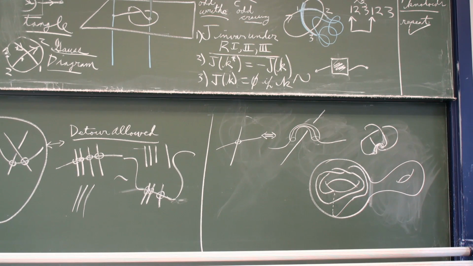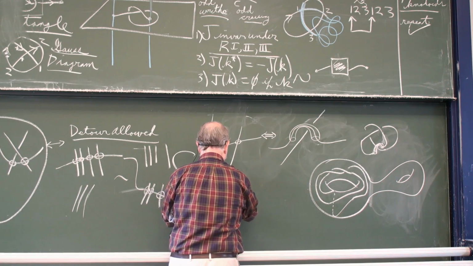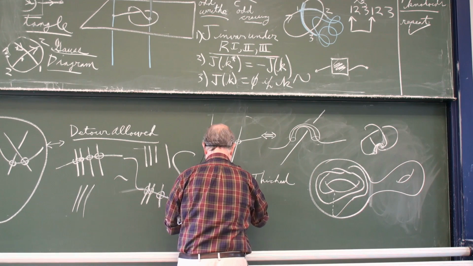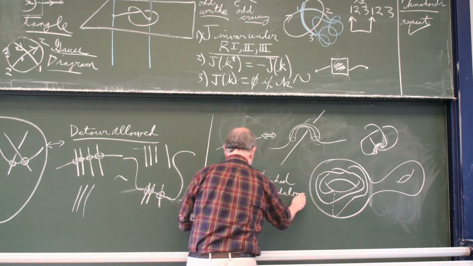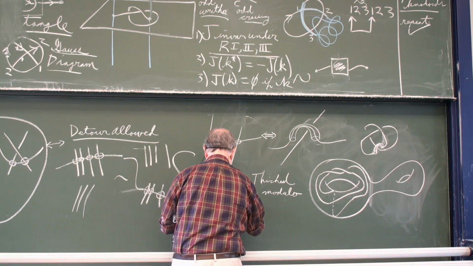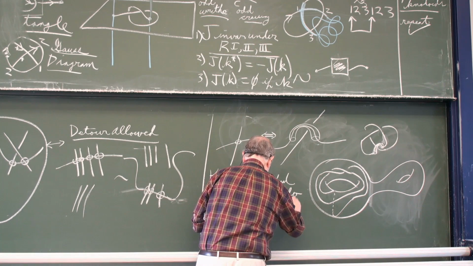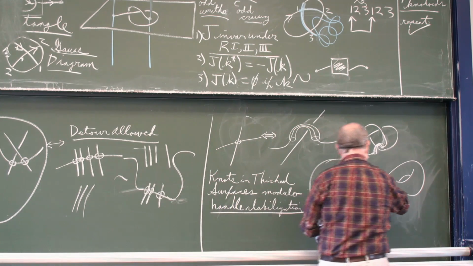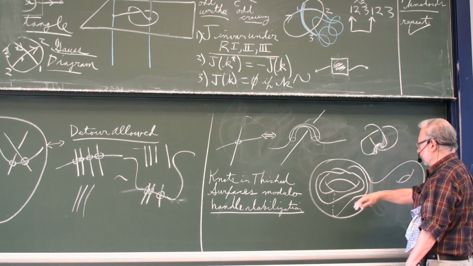So that means that I can consider the following theory: knots in thickened surfaces modulo handle stabilization. And by handle stabilization, I mean that you would be allowed to remove a handle if you could do it by a surgery that didn't involve the knot.